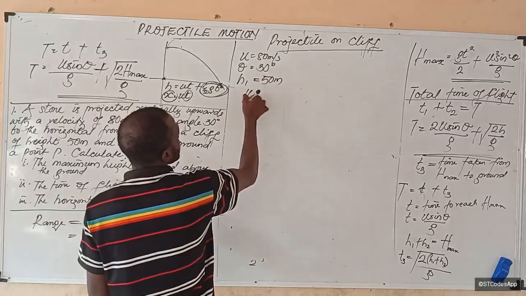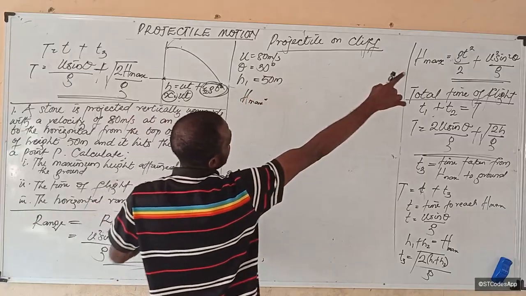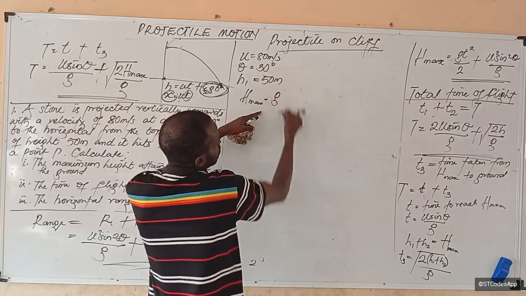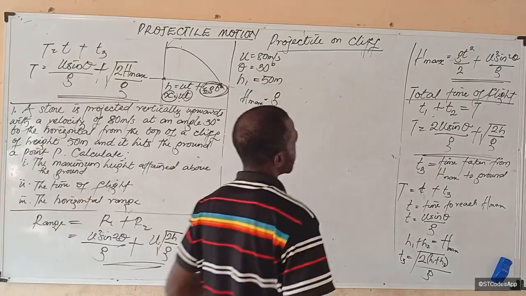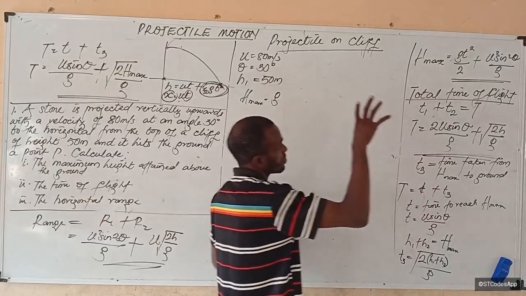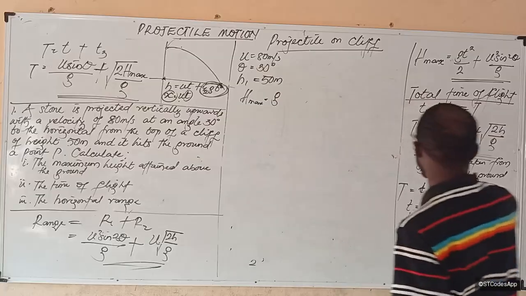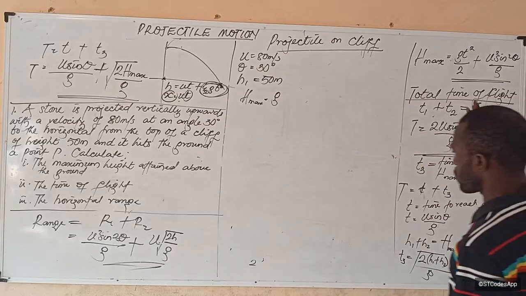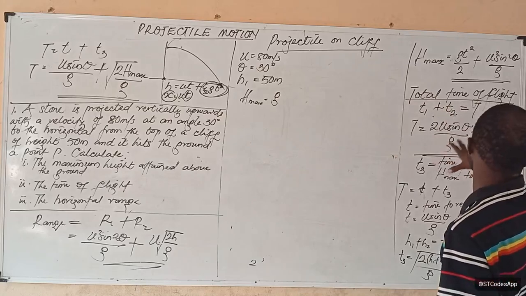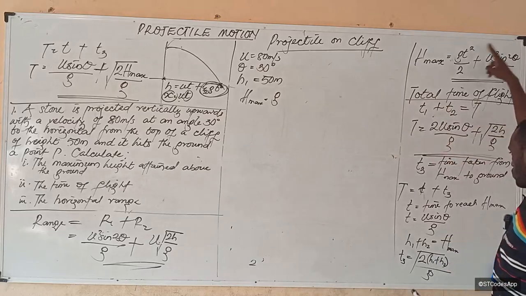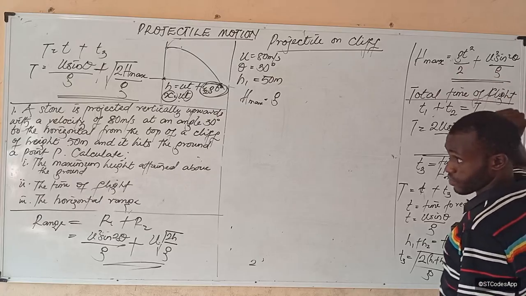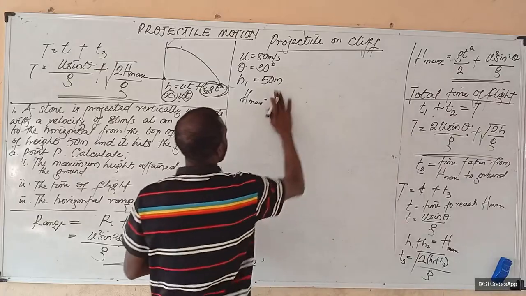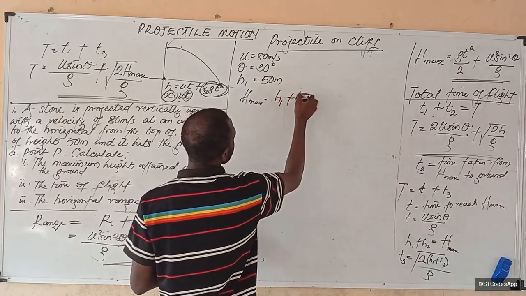For the maximum height attained above the ground, we use that formula. We don't have t, we don't have time, so let's use the formula that goes with the parameters we have. We do it this way: H1 plus H2.